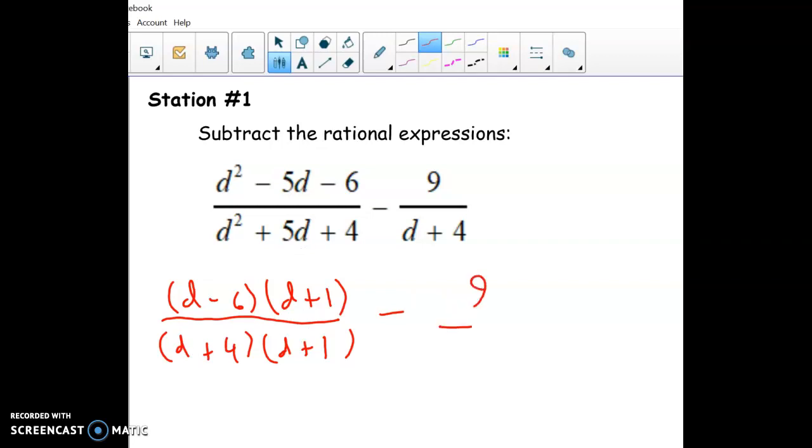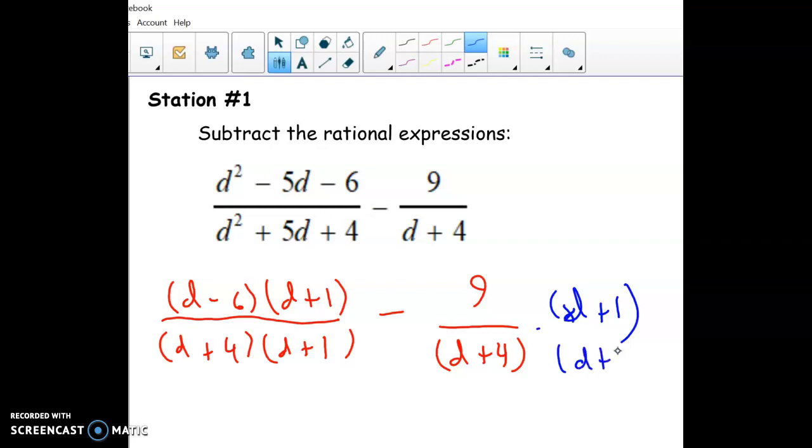Okay, so one of the tricky things here is normally what I would do is, if these were my denominators, I would say I can make the denominators match if I just multiply this fraction by d plus 1. If I multiply the top and bottom times d plus 1, then they'll both be d plus 4 times d plus 1. However, I can get around that here if I realize that these d plus 1's cancel out.